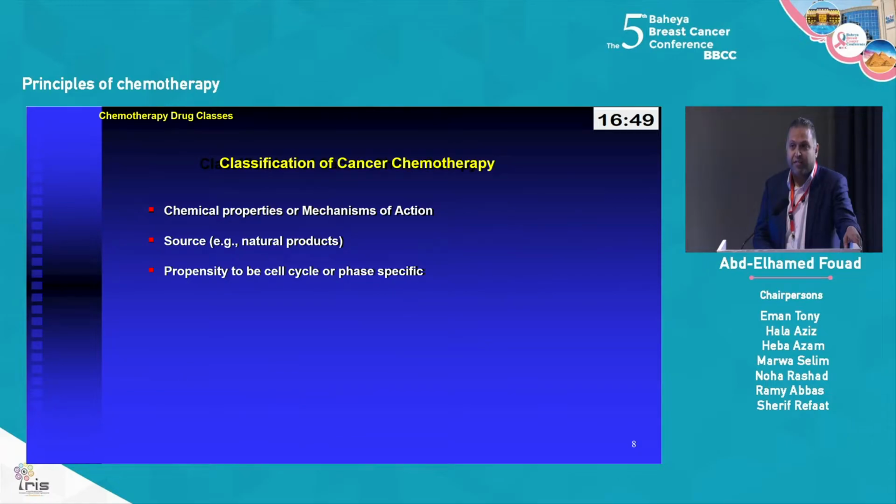Chemotherapeutic drugs are classified based on their chemical properties or mechanism of action, source, natural or artificial, and propensity to cell cycle, being cell cycle specific or non-specific, or cell cycle phase specific or phase non-specific.